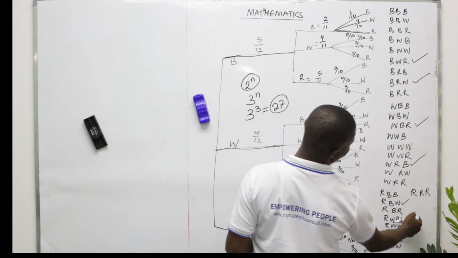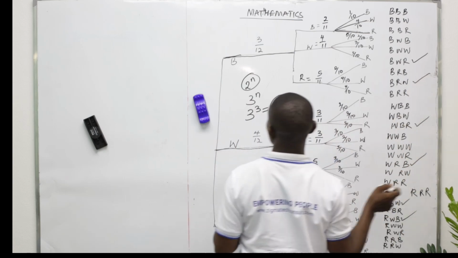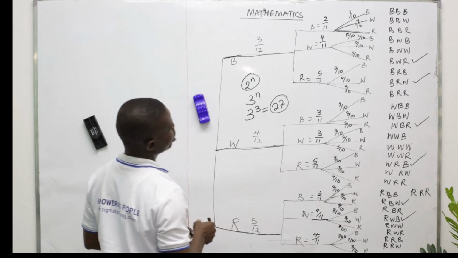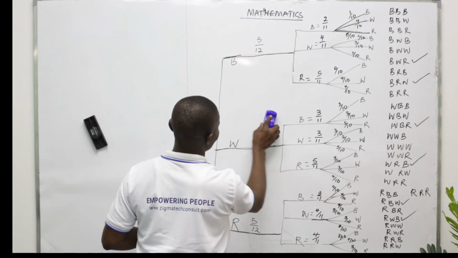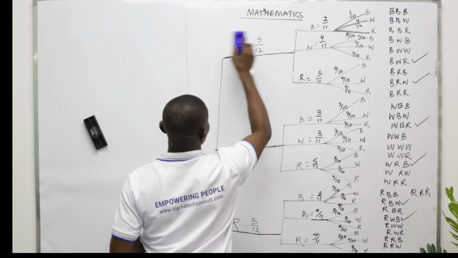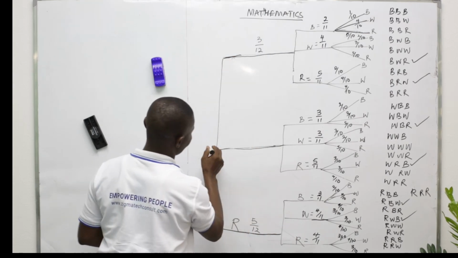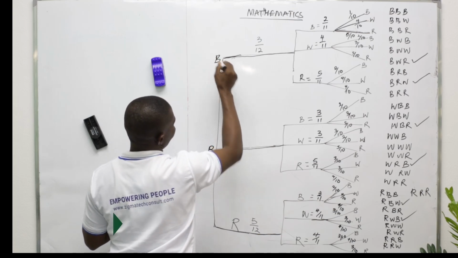So how many of them? 1, 2, 3, 4, 5, 6. We have 6 of them. So the probability here now, this is your red, this is the black.